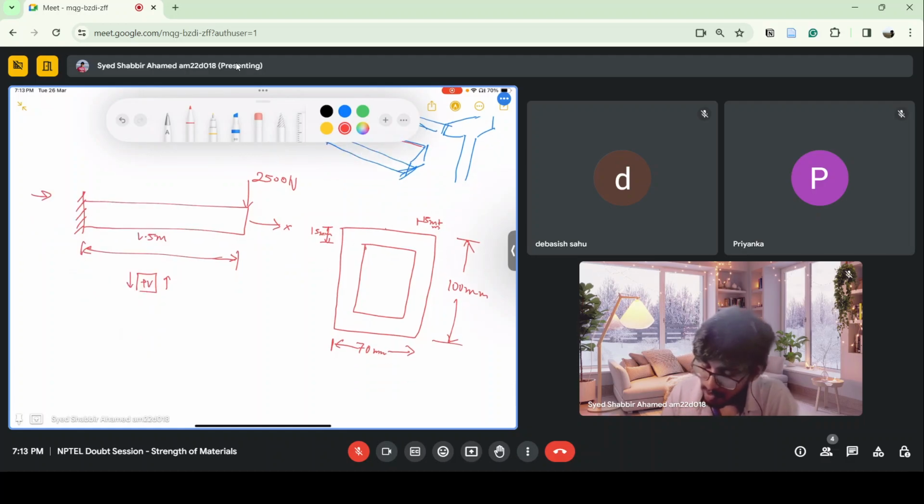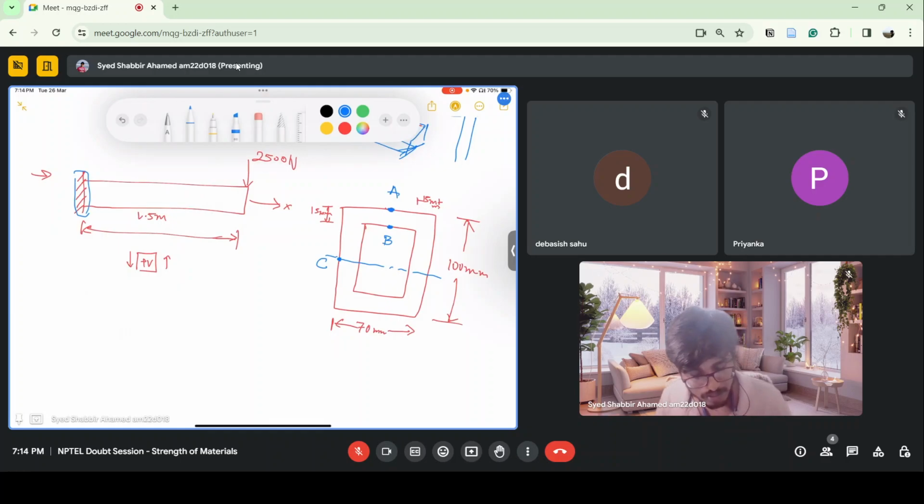There is a point A on the top of the section, and this section is taken at the fixed end. This is point A, this is point B, and at the neutral axis there is a point C.